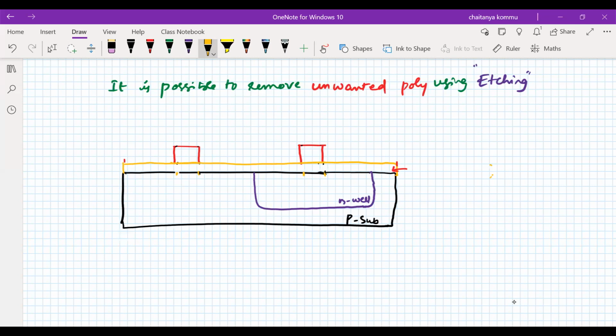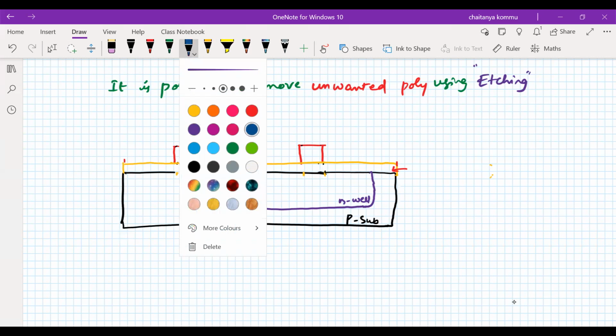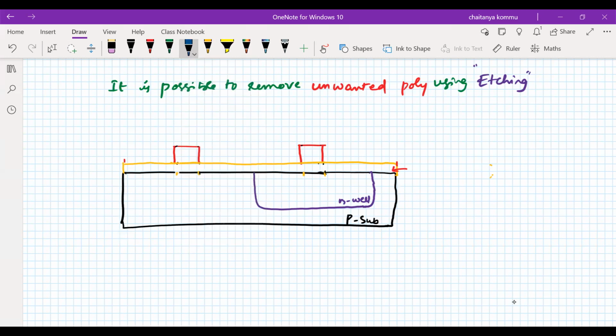Once the thin oxide is completed, then we have to form field oxide as soon as the step is completed. See, the field oxide is used whenever we are realizing one particular step or one particular terminal. Once it is completed, we have to cover the entire region with the help of field oxide.